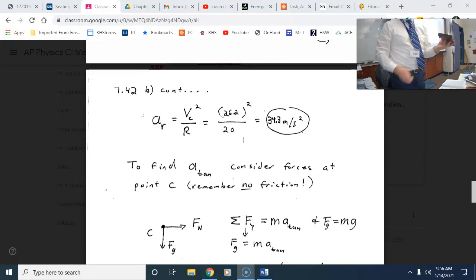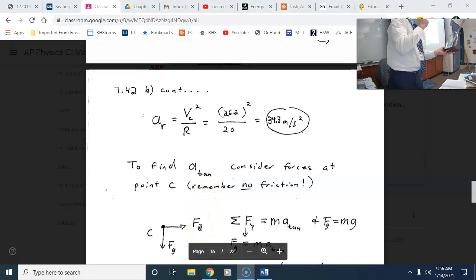So at this position C, where it looks like we're right here on the way back down, we're speeding up again, tangentially accelerating, which is separate from this acceleration that we found. Once we find both of those, this problem is going to ask me to show these two acceleration components in a diagram.